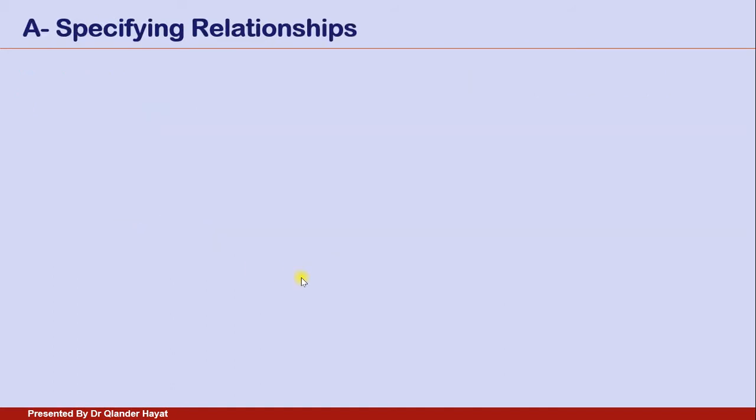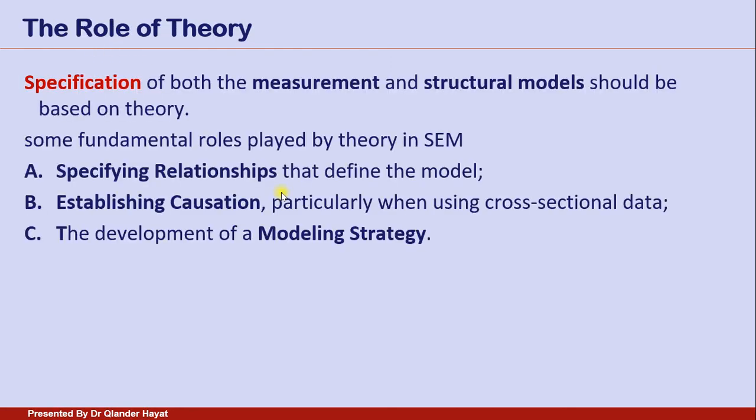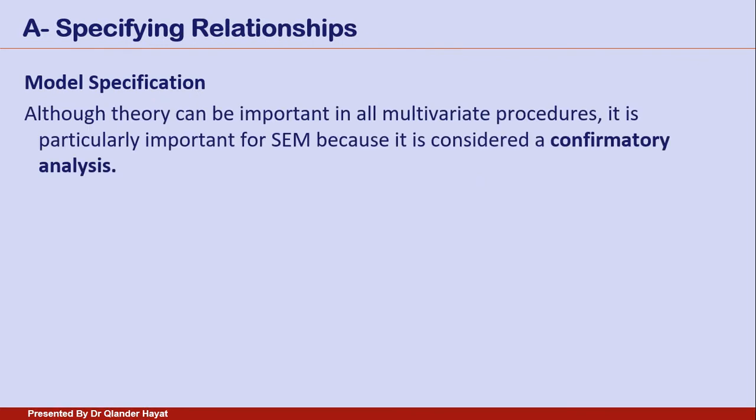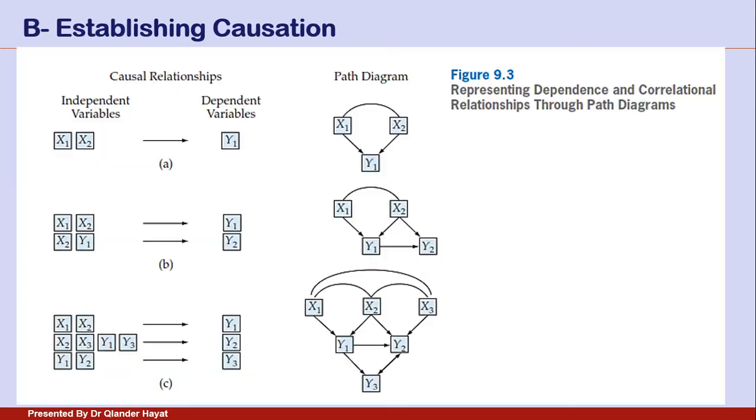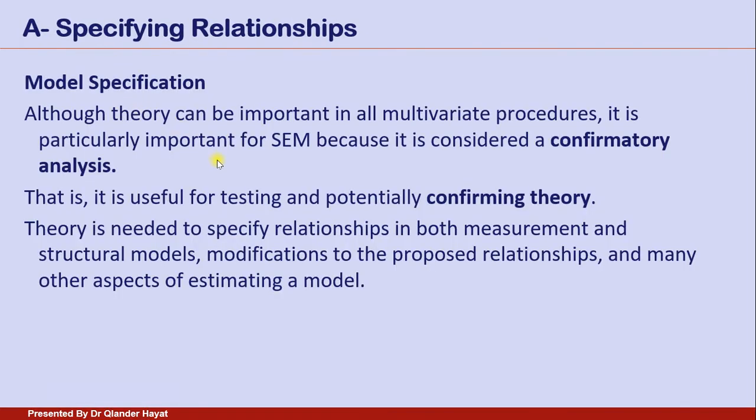First of all, in SEM we have to specify the relationship between the variables. That is known as model specification. In model specification we just specify the relationship between two or more variables.